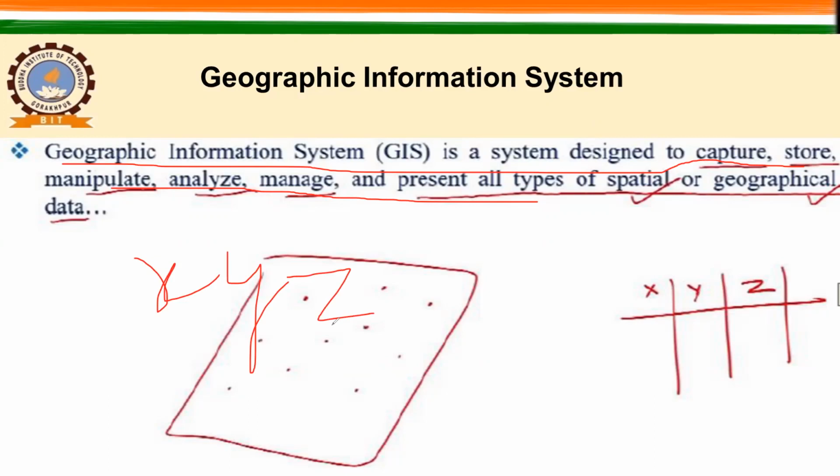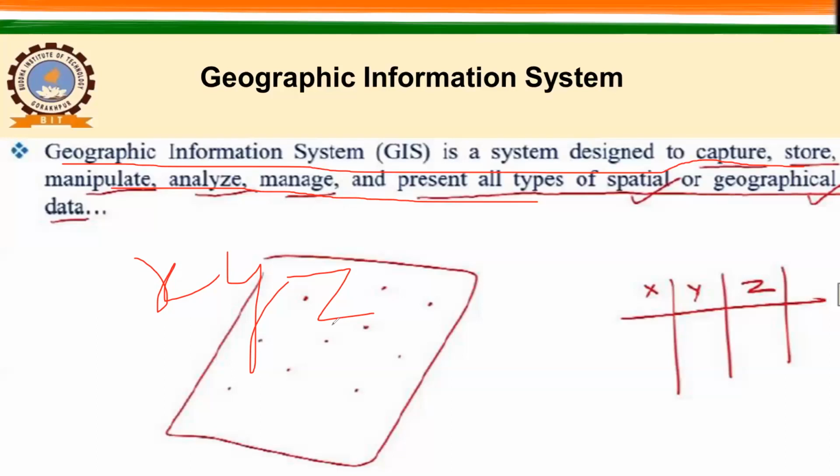So the first thing is that GIS, that is Geographic Information System, is a system designed to capture, store, manipulate, analyze, manage, and present all types of spatial or geographical data. But in GIS, we need to have the location information in terms of either latitude, longitude, or the location name.